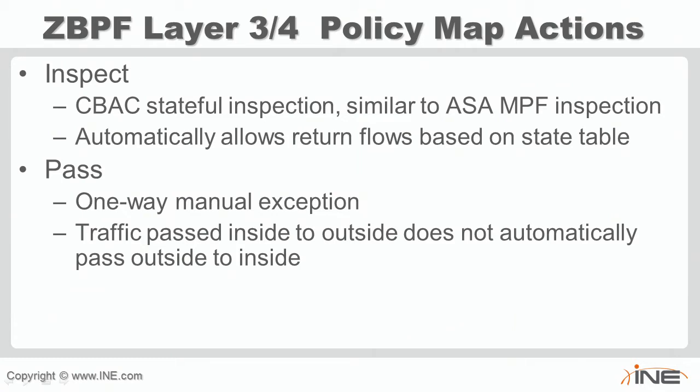So for anything where the outbound flow is different than the return flow, like a trace route or maybe an active FTP session, we can make manual exceptions for this with the pass action. But again, the key thing to note here is that this is a one-way exception. If I pass the traffic from inside to out, doesn't necessarily mean that it is passed from the outside back in.